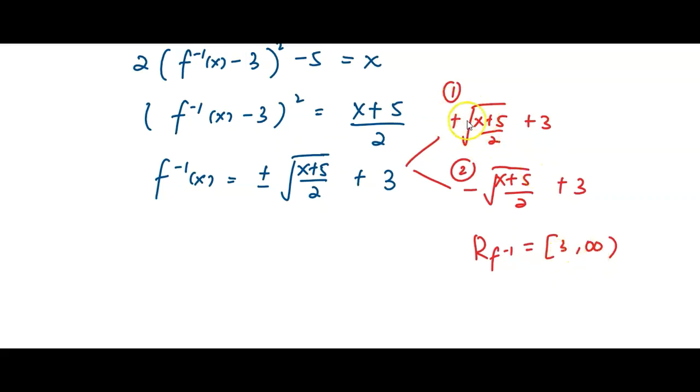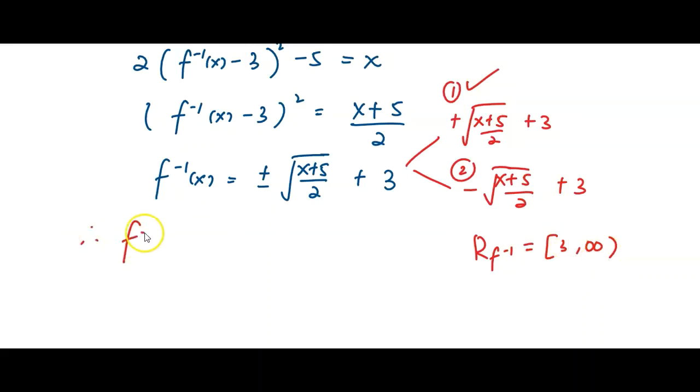Look at this, if this is a positive value plus 3, it will always be a value greater than 3. But if this is a negative, because you have a negative in front of the square root, this will produce a negative number. A negative number plus the constant 3 will always be a value less than 3. So I will choose the first function, which will produce 3 to infinity.